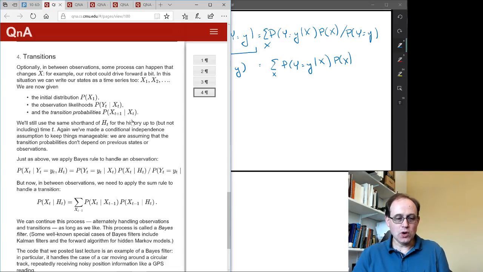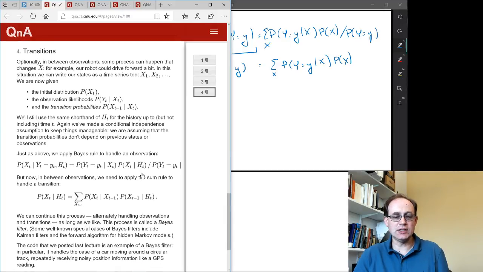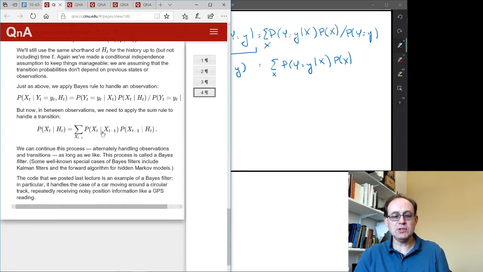And just like before, we can apply Bayes' rule to handle an observation. This is the exact same equation as the previous block. But now in between observations, we need to handle the transitions. And to do that, we can use the sum rule. Basically, we can sum over all possible values of the previous state. And this is a way of writing out the joint probability distribution of xt and xt minus 1 given ht, right?